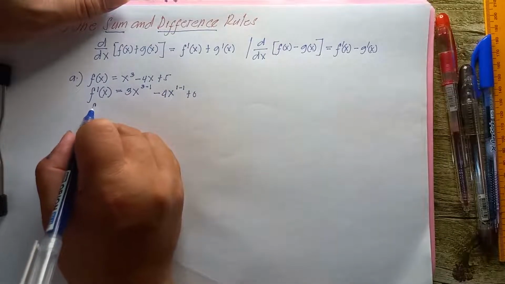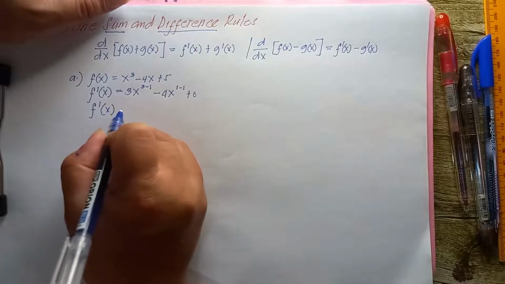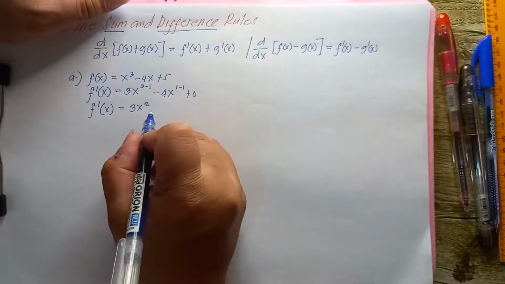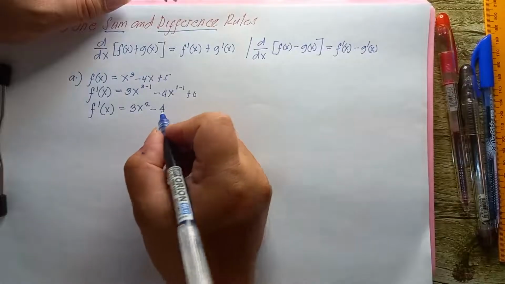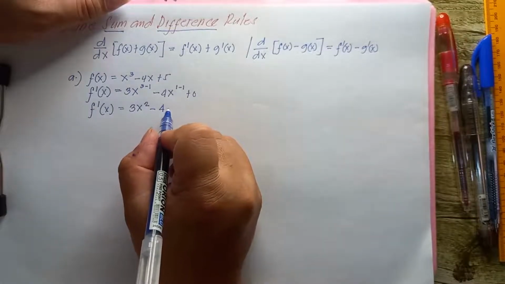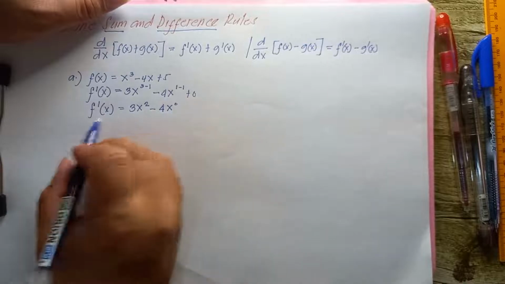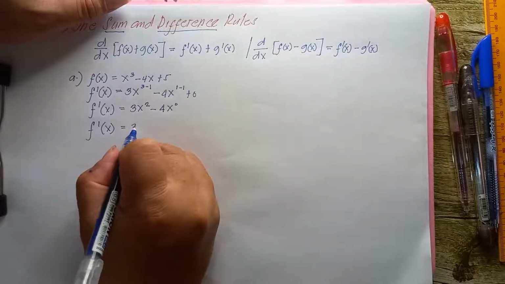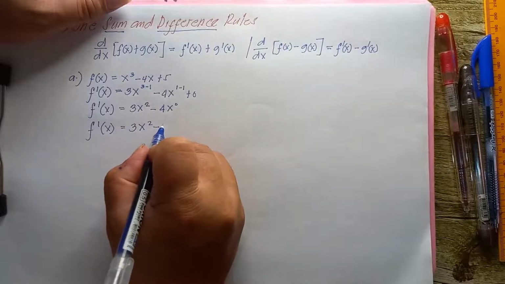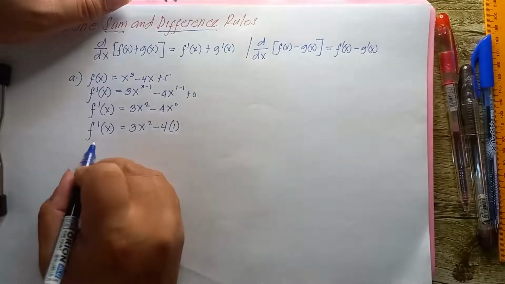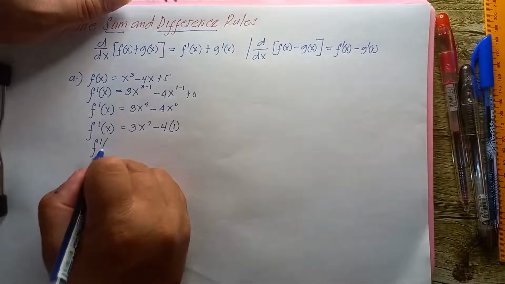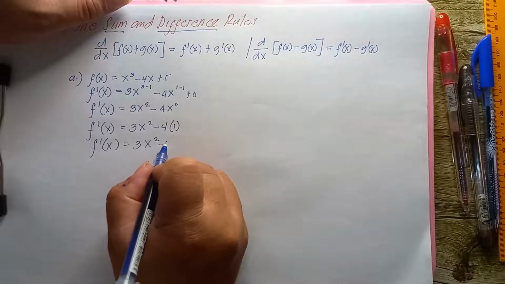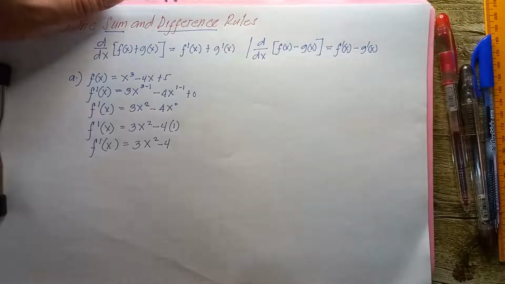So notice that f prime of x is the same as 3x raised to 2. Now what about this one? That is 4 multiplied by x raised to 0. We have said that any number raised to 0 will always be 1. So that is 1. And so the final answer would be f prime of x equals 3x raised to 2 minus 4. Okay, so that is how to do it.